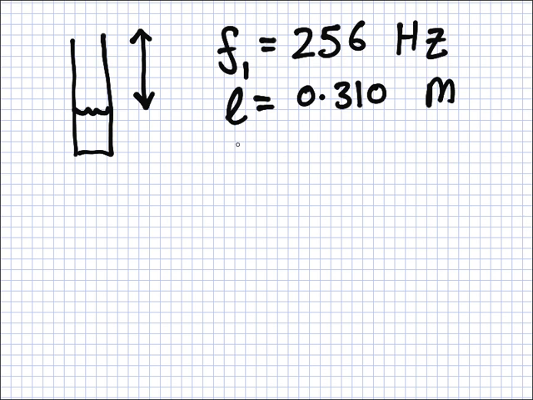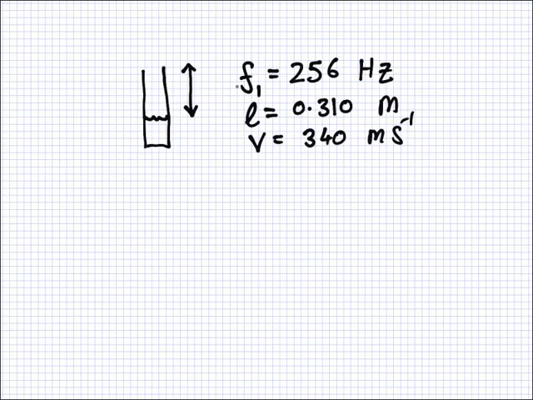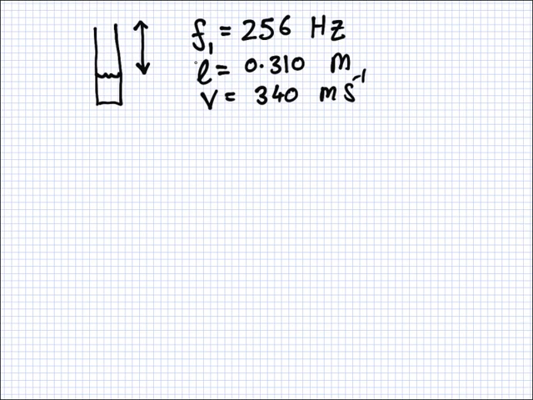The velocity of sound in air is 340. The first question is, show that the end correction of the air column is approximately 0.12 meters.